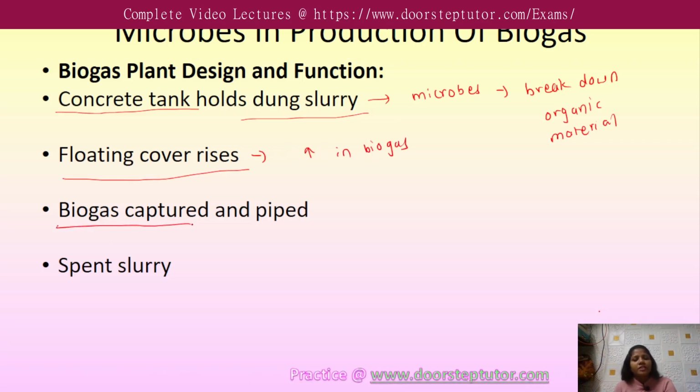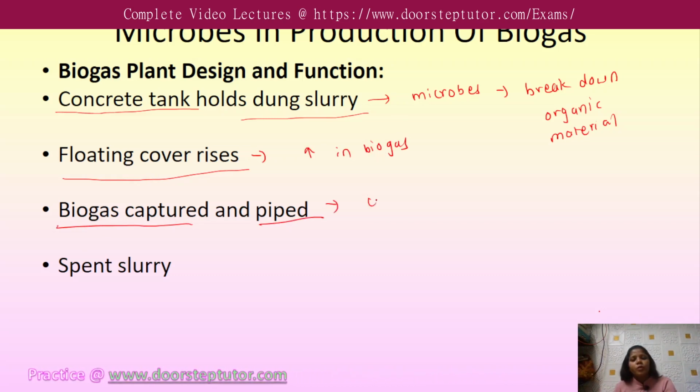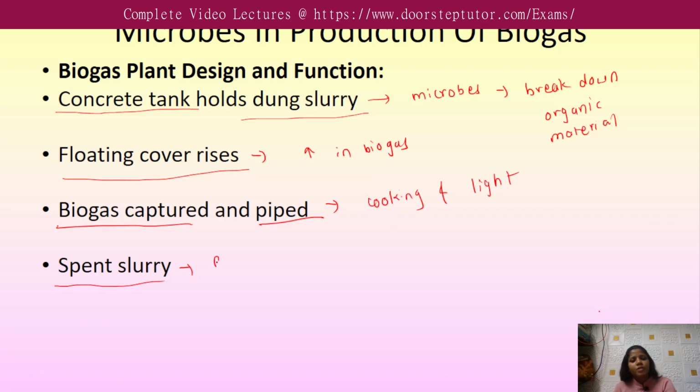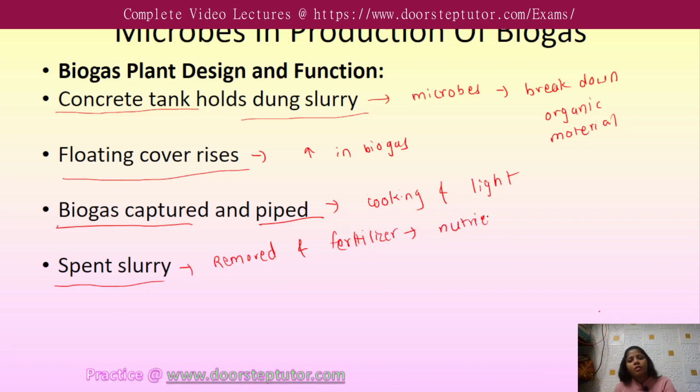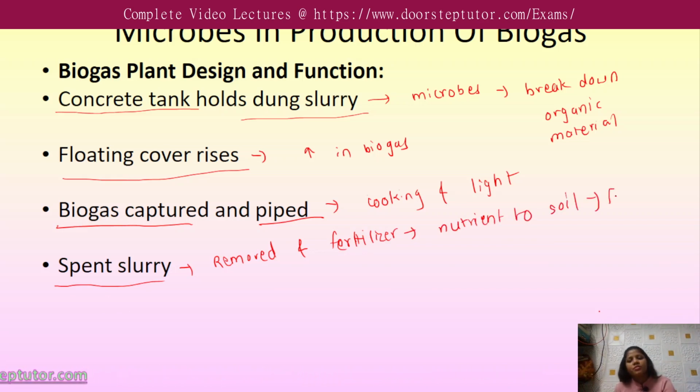This biogas is captured and piped to the home for cooking and light purposes. The remaining slurry is removed and acts as a fertilizer which provides nutrients to soil and increases its fertility.